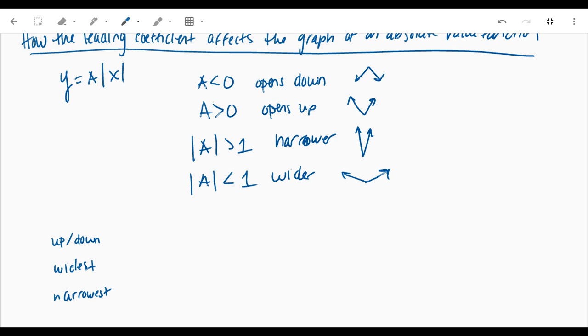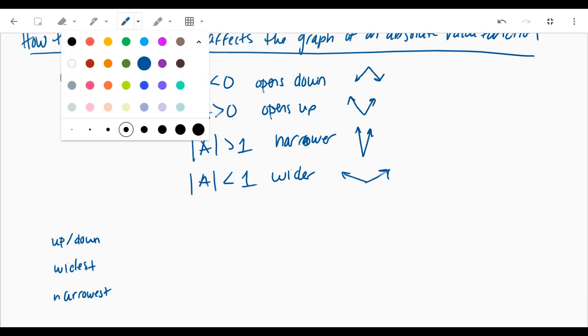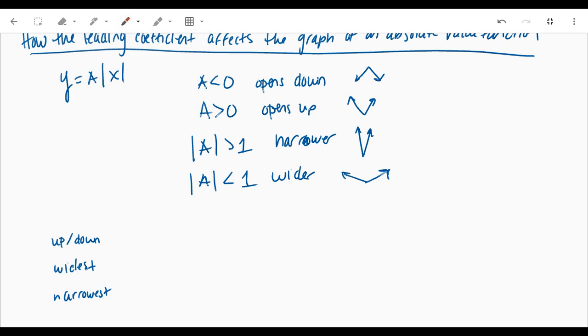The ones that they give you to work with are y equals 2/3 absolute value of x, y equals 3/4 absolute value of x, y equals -3 absolute value of x, and y equals -2 absolute value of x.